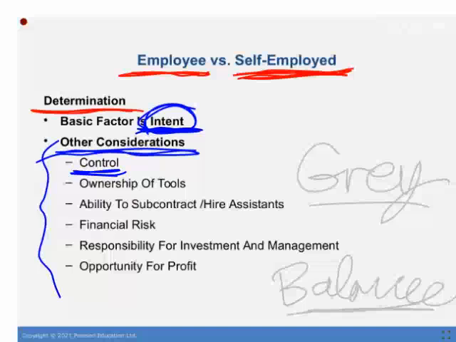The second one is your tools and equipment, the ownership of that. So normally, in an employee-employer situation, your employer would pay for and own all the gear you're using to get the job done, right? You work in a factory, you don't bring the equipment with you to do your job, it's there, right?